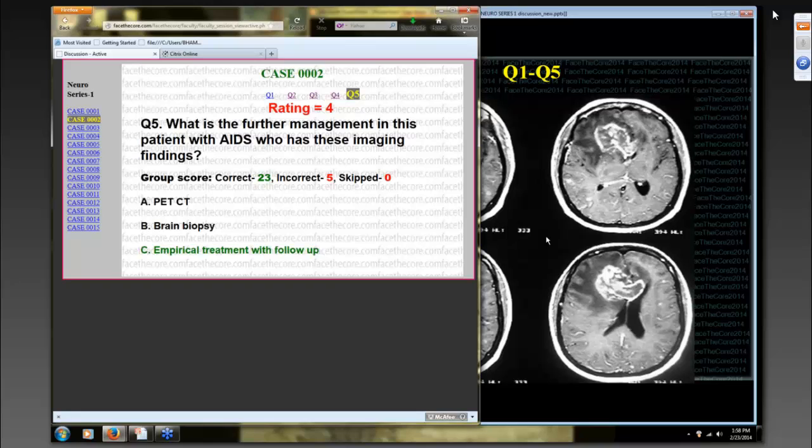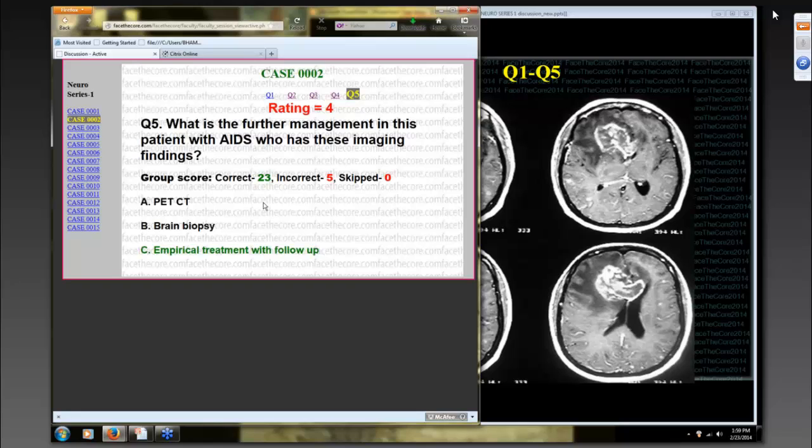But in cases where there is a PCR of the blood or CSF, which is a polymerase chain reaction, that is much more helpful than a simple seropositivity to then make a diagnosis of toxoplasma. And lymphoma will be very much positive on a PET study, and PET will be the most important diagnostic finding that you see in these cases.